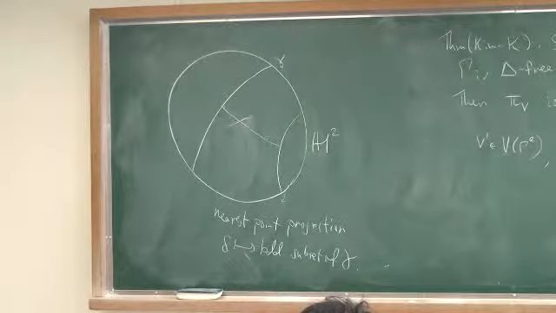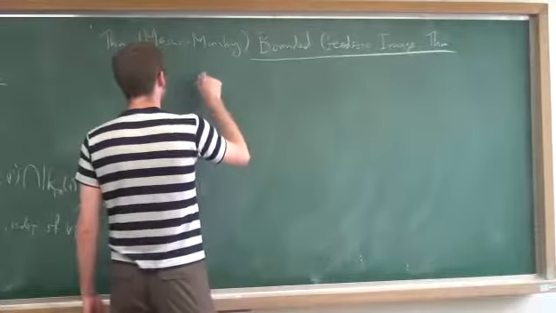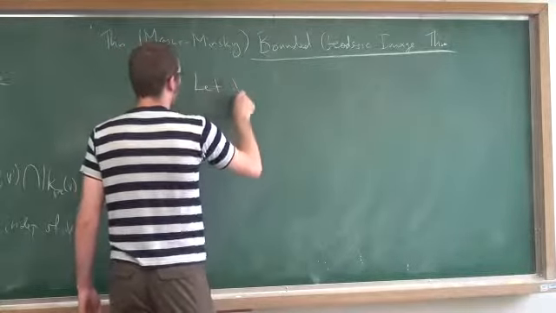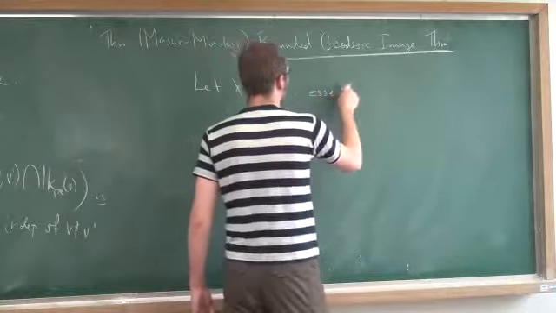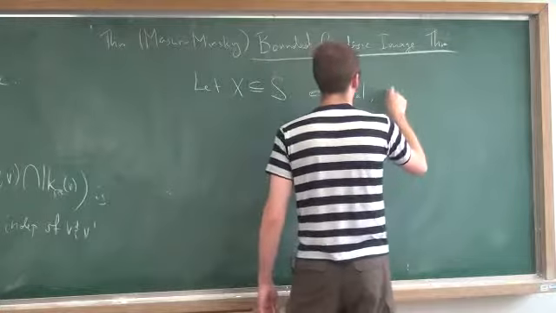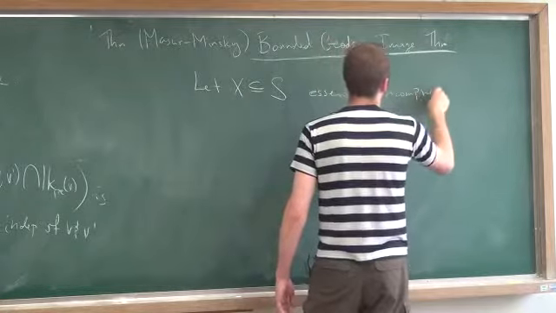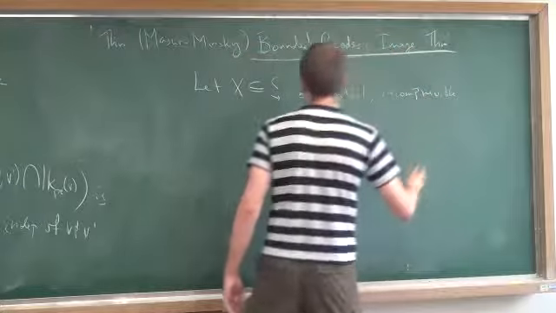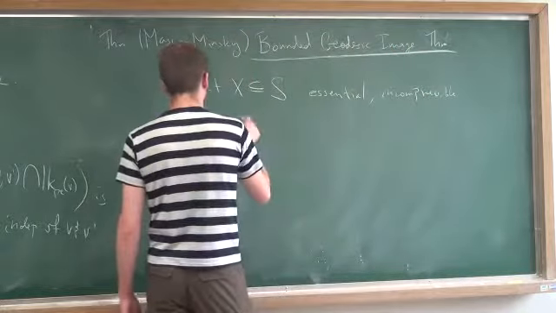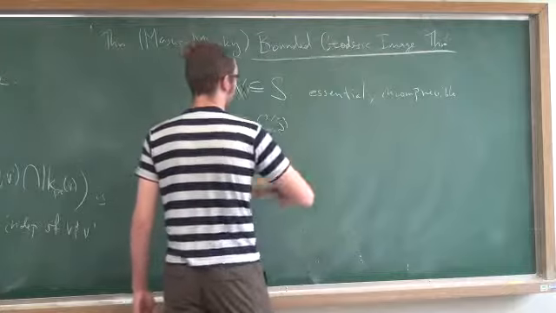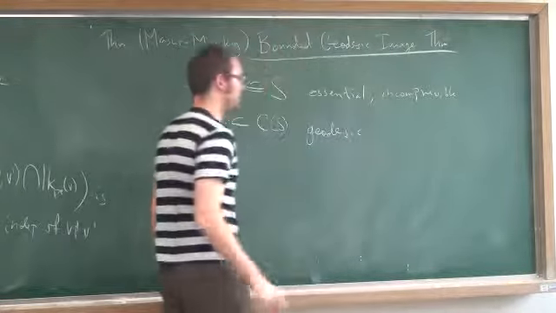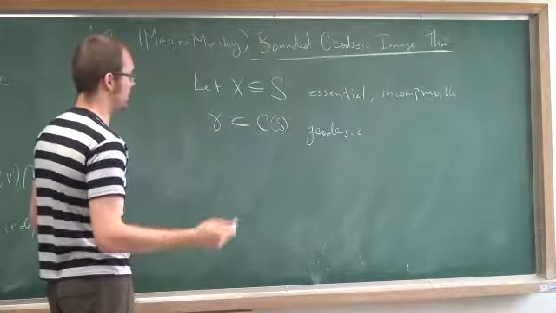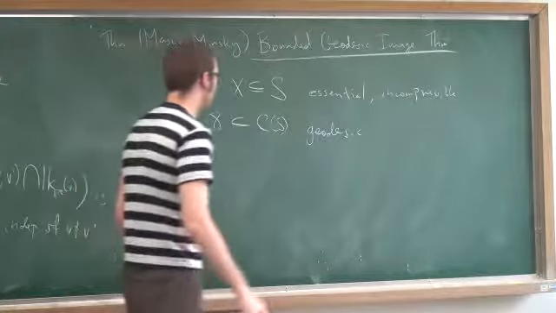So what the bounded geodesic image theorem says precisely is that we take X a subsurface, so it should be essential and incompressible. And gamma inside of the curve graph is a geodesic. It could be finite, semi-infinite, or bi-infinite.